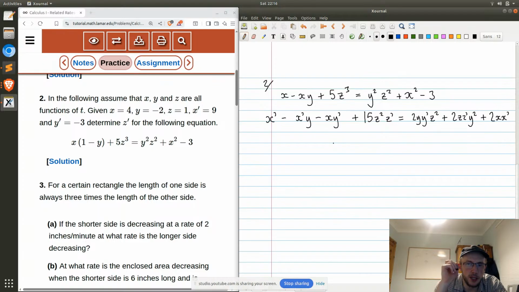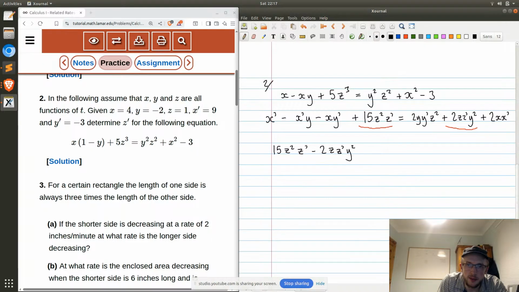And now we want z prime by itself. So that one. And that one. Just there like that. Everything else on the other side. Okay, so 15 z squared z prime minus 2z z prime y squared.